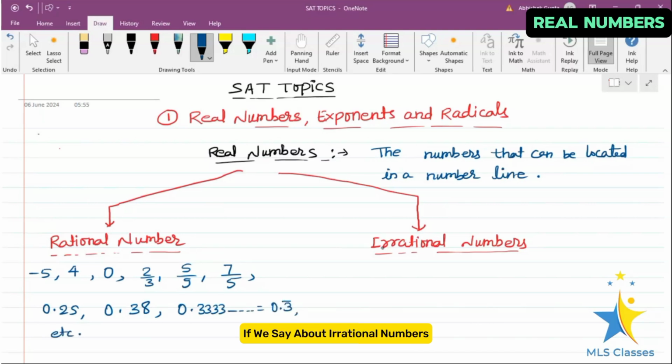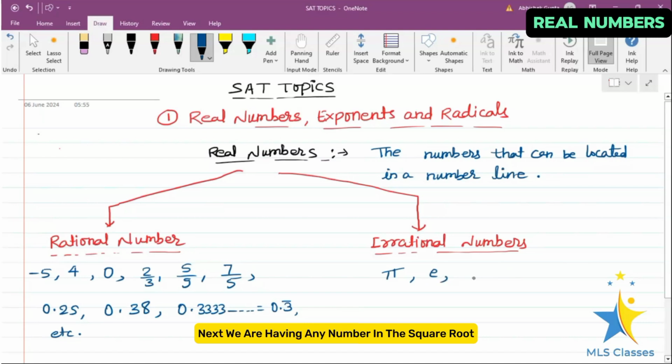Now for irrational numbers, we have a number like pi, which has an estimated value of 3.14, but that's not the exact value. It is always non-terminating and non-repeating. Similarly, e has an estimated value of 2.71, but again that is not the exact value, so again it is non-terminating and non-repeating.